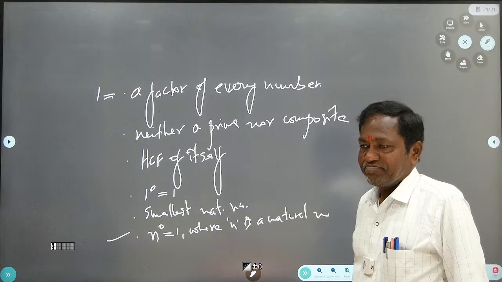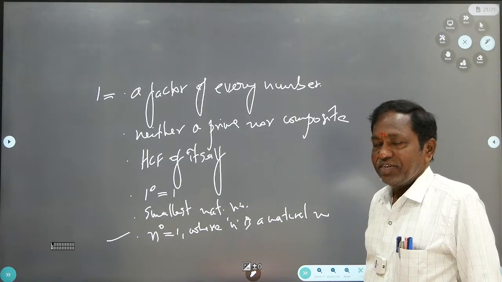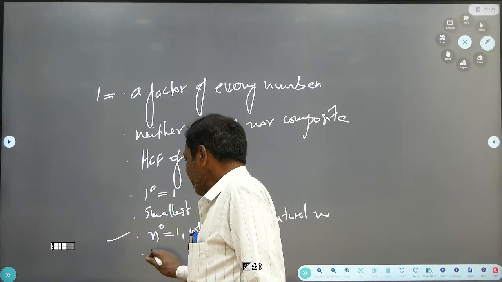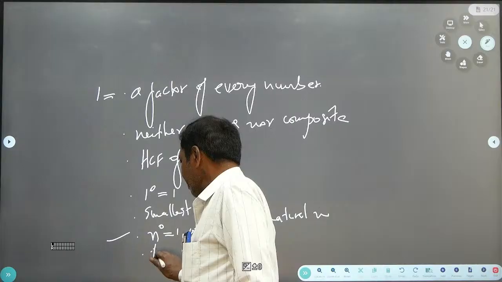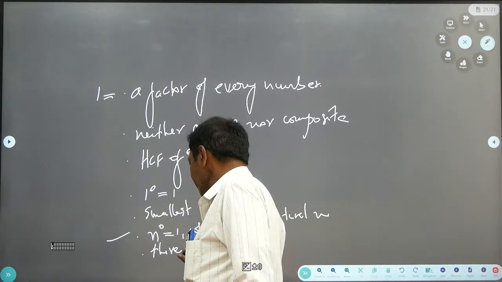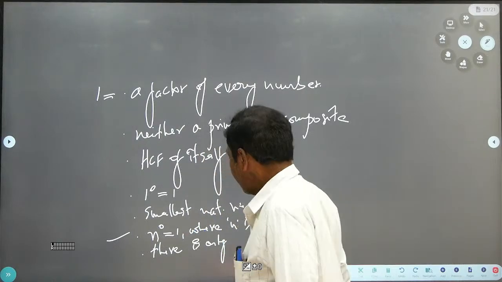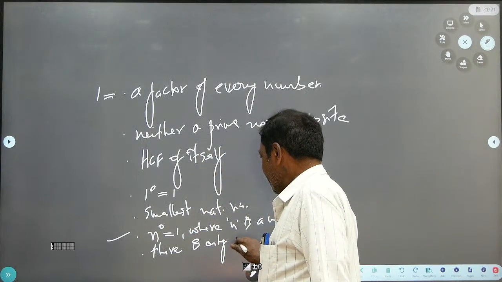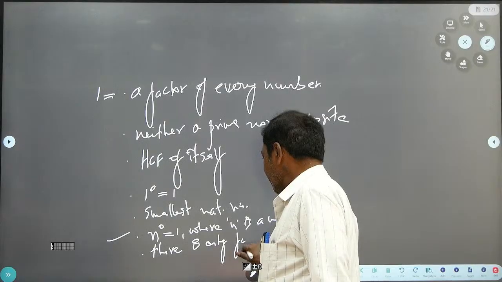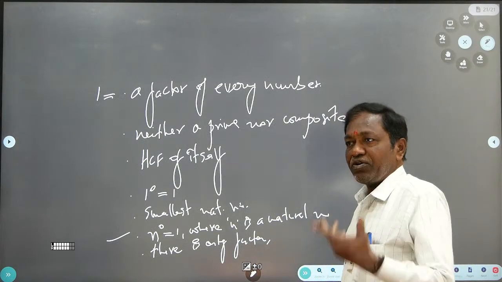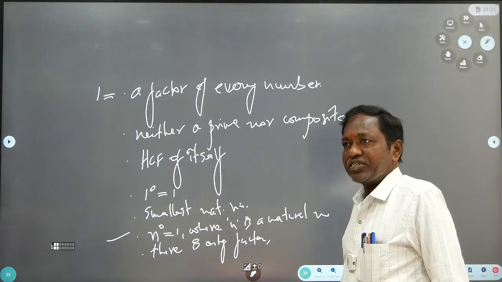1 is the number which does not have 2 distinct factors. 1 is the only number with only one factor. Every other number has 2 distinct factors.